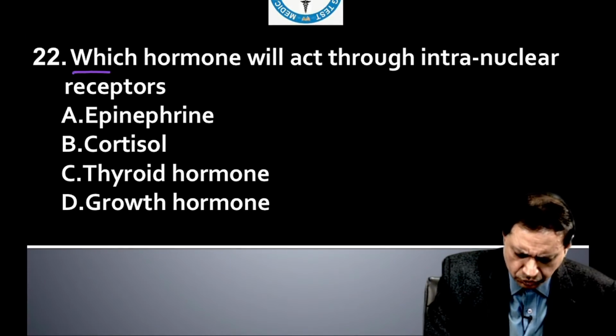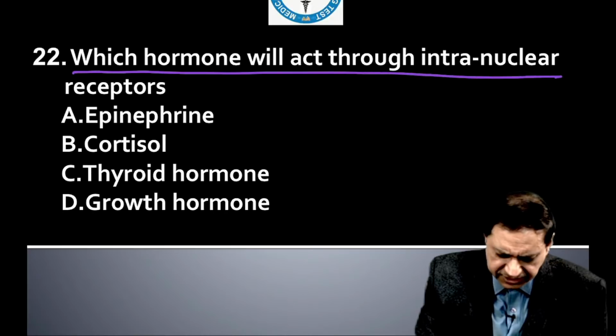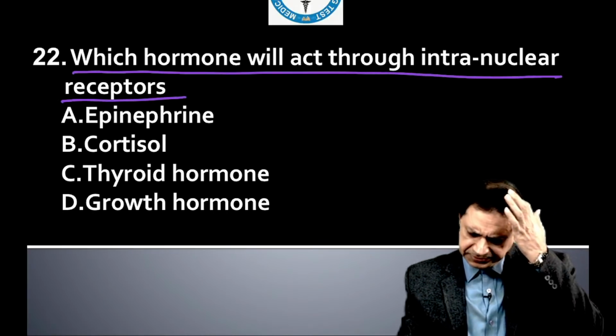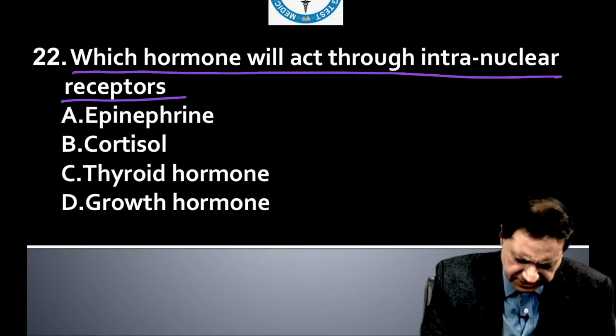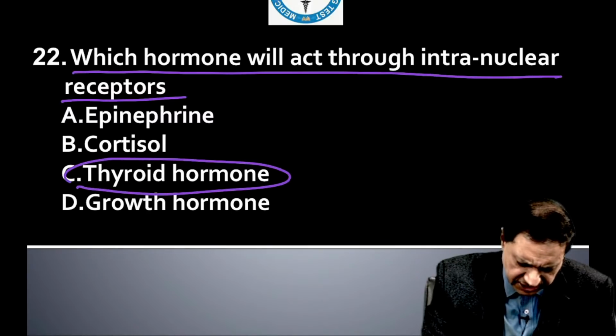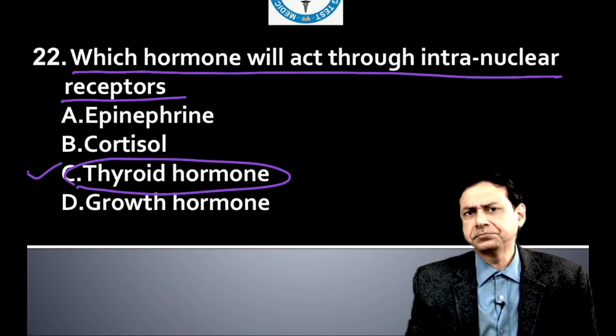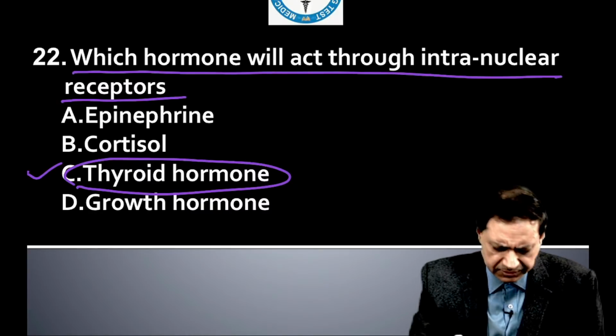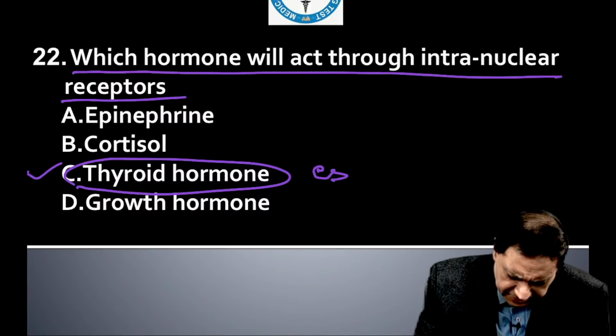Which hormone will act through intranuclear receptor? Intranuclear, thyroid is the classical example. Another example may be estrogen.